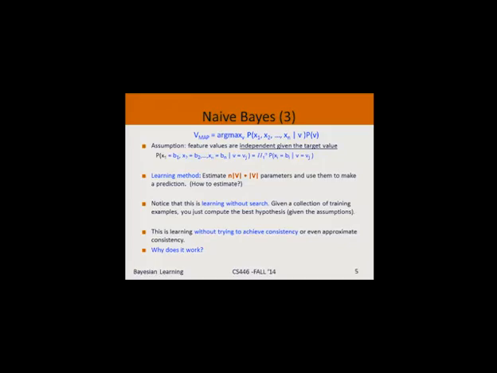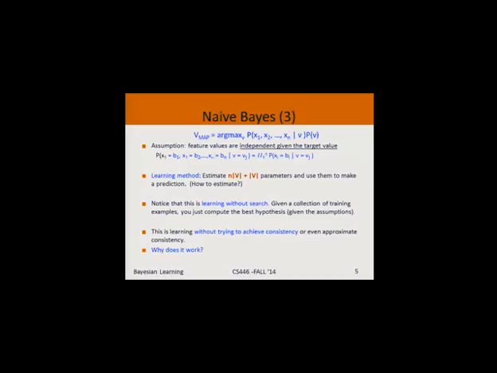Why should it work? How did we develop it? How did we derive that these are the parameters to estimate? We made an assumption, right? We made an assumption that the probability distribution that generates the data has a property of conditional independence.